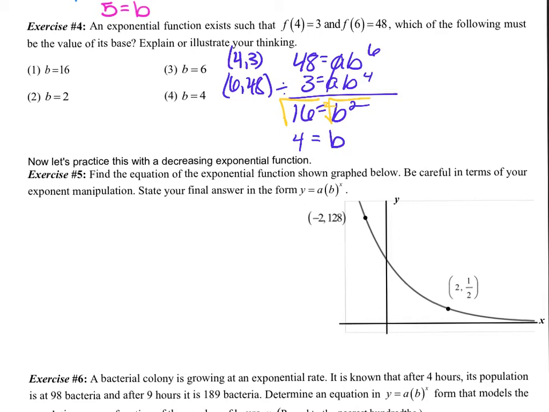Now I can stop here because I already found my answer. Now I could keep going to find a and find the general equation, plug in and solve for a. The only reason why I'm not going to do that is because it's a crazy decimal, but you would follow the same steps as you would in exercise 2 and 3, but you don't need to in this particular problem.